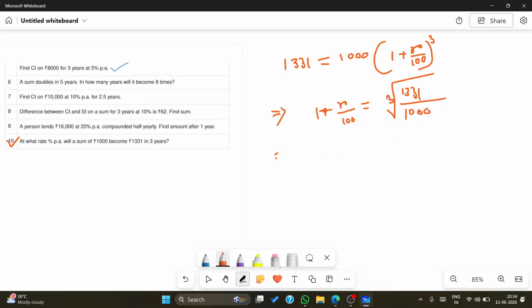Now 1 plus r by 100 is equal to 11 by 10, as 11 cube is 1331 and 10 cube is 1000. So we are going to find r. R by 100 means 11 by 10 minus 1.